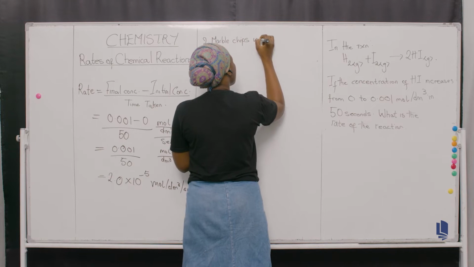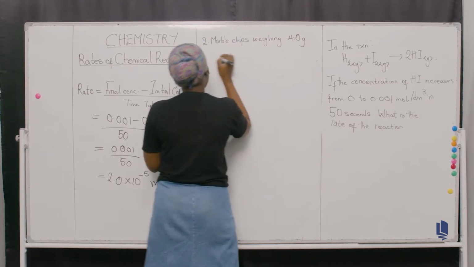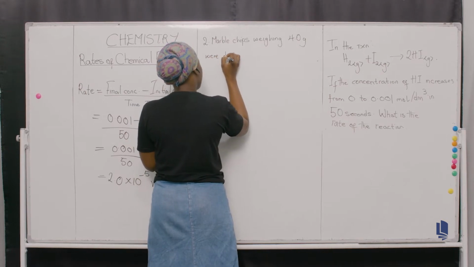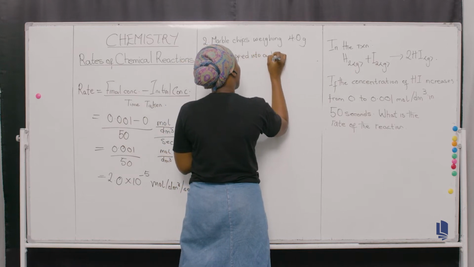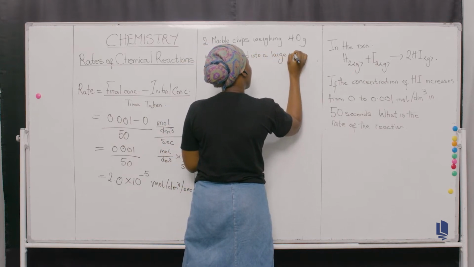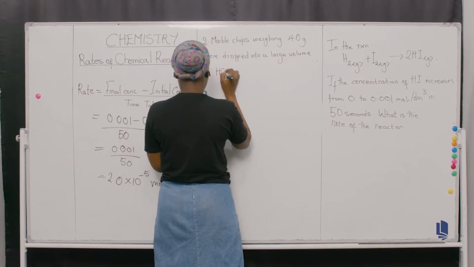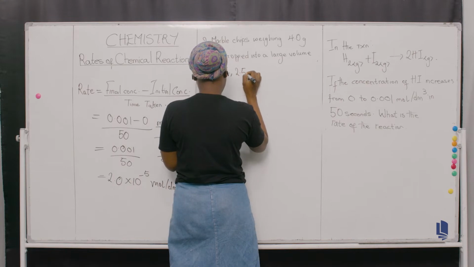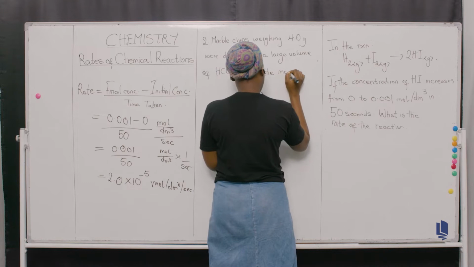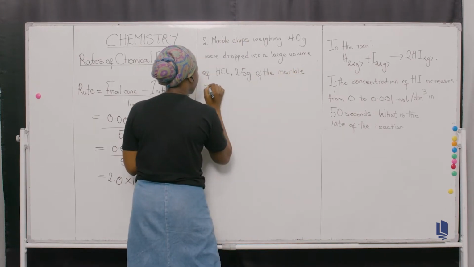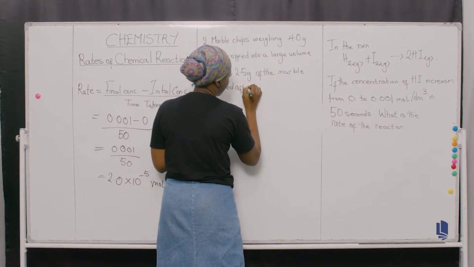Marble chips weighing 4.0 grams were dropped into a large volume of hydrochloric acid. 2.5 grams of the marble remained after 5 minutes.